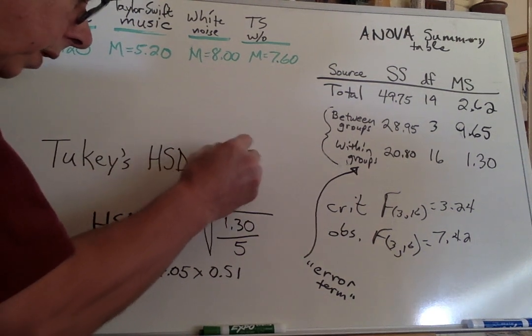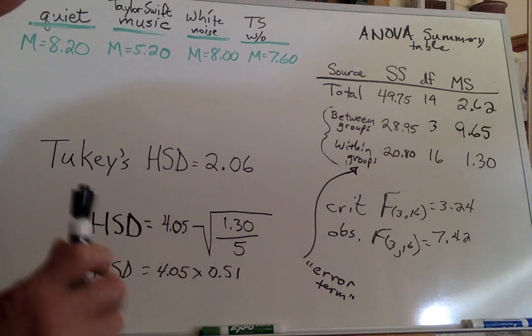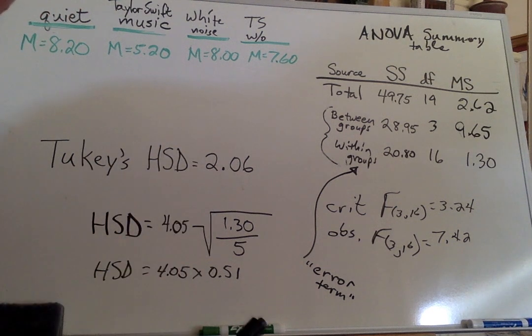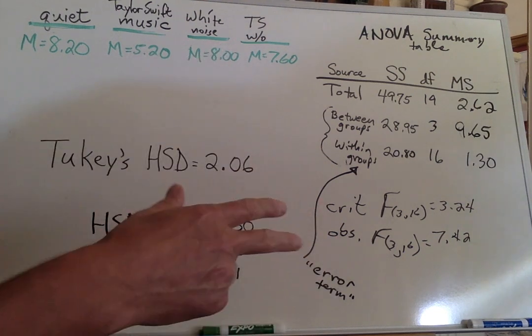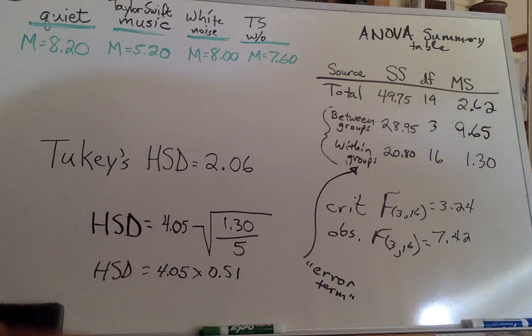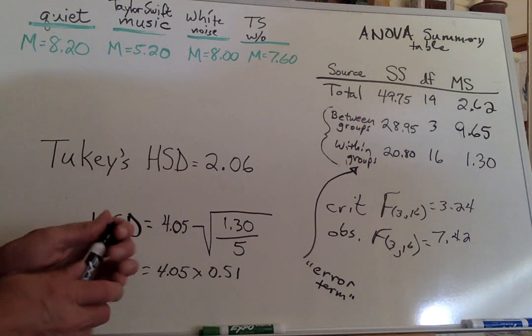Now, what do you think we do with this value? If you said that we compare this to some critical value, that's a really good guess. It happens to be incorrect in this case. We looked at critical values for Z, for T, for F, but for HSD, and it's in the name, this is the honestly significant difference.